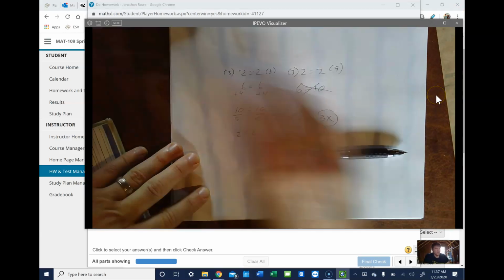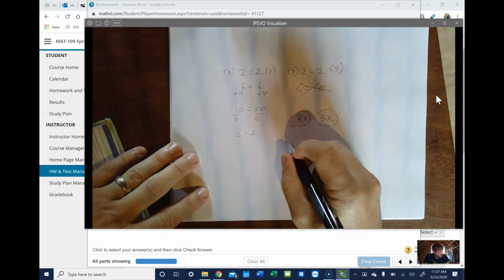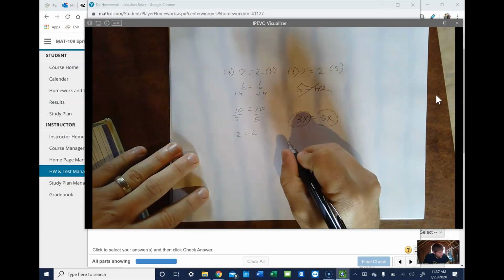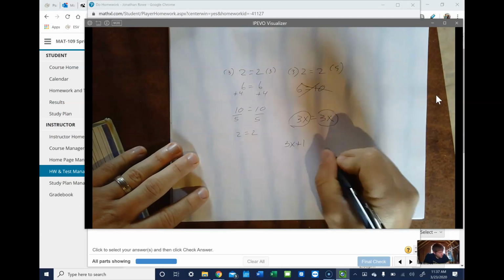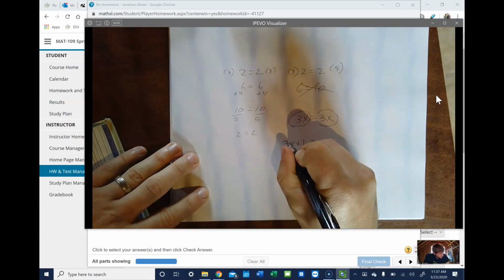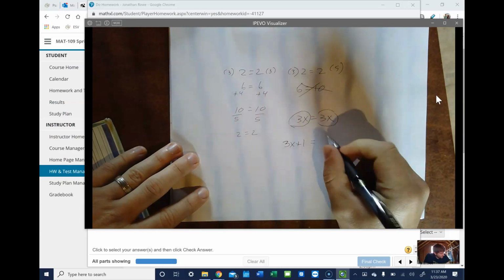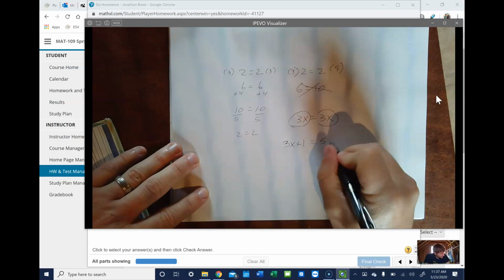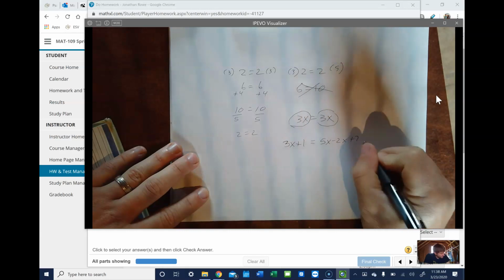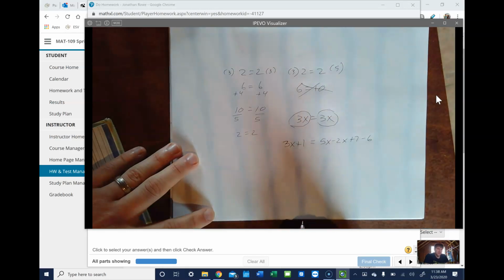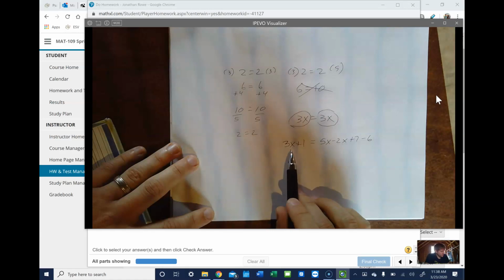Let me give you something a little more involved. Let's say we had 3x plus 1 equals 5x minus 2x plus 7 minus 6. Now this may not be quite as obvious that this is an identity. But let's just pick a number. Let's plug in 5.